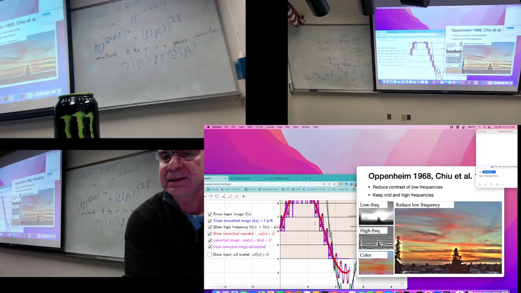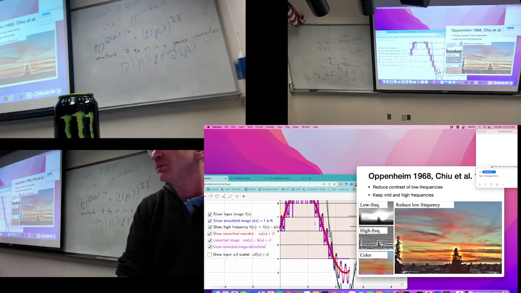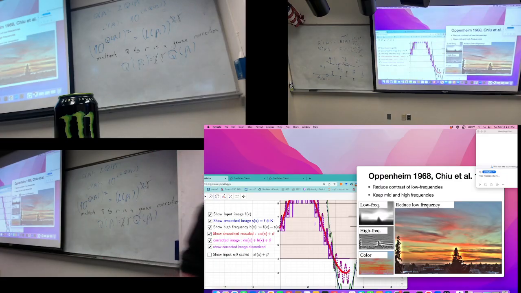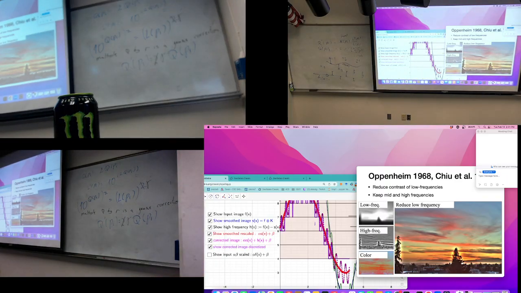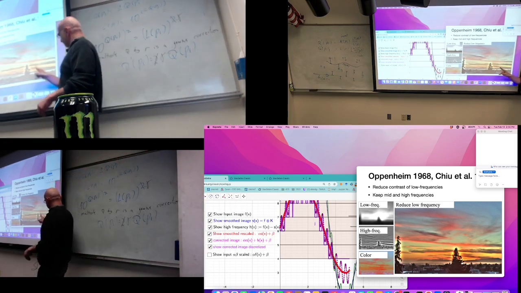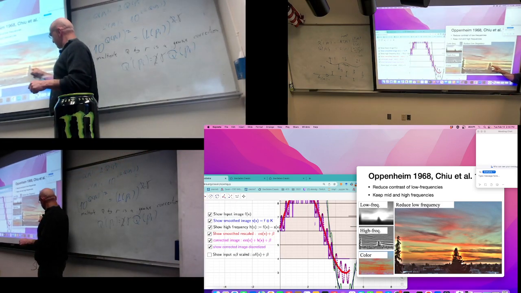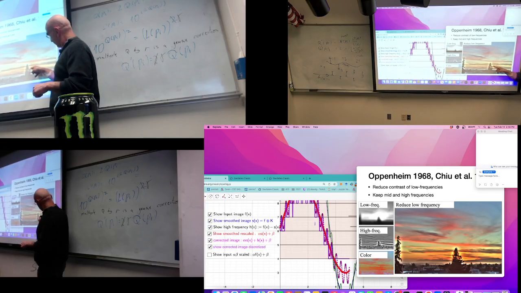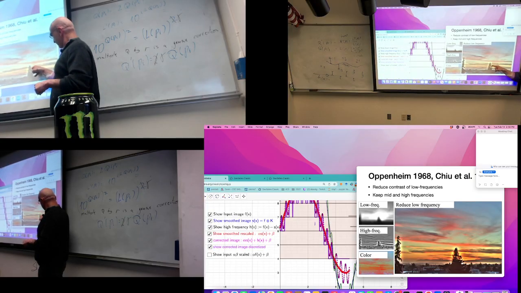And now let's talk about the artifacts of this algorithm. I'll just point them out and we'll discuss the reasons and how to fix them separately. So look at what happens near the boundaries between regions here.